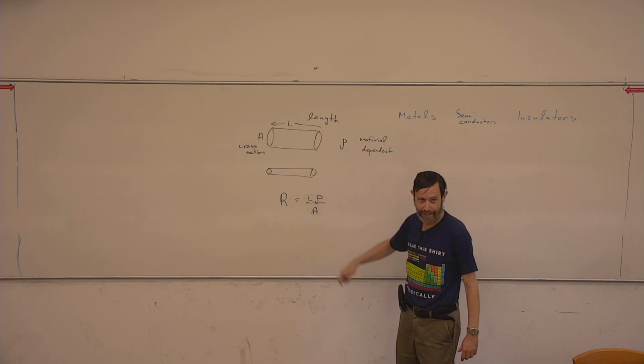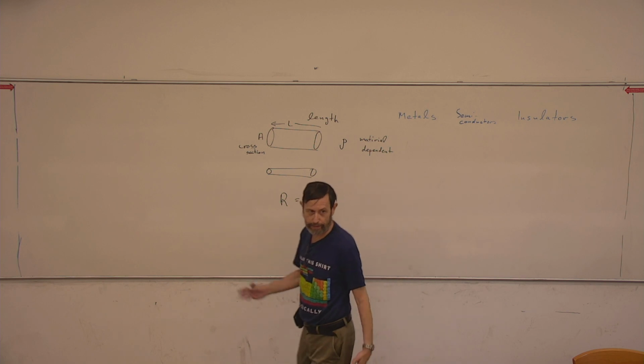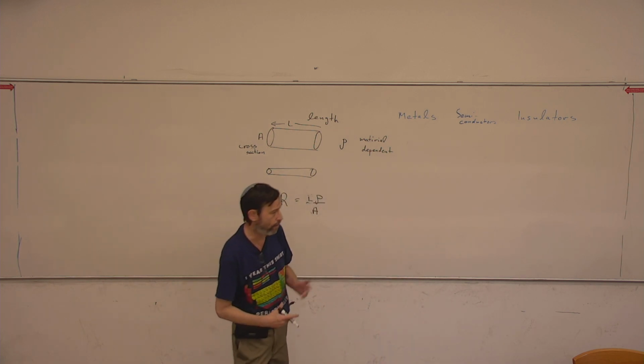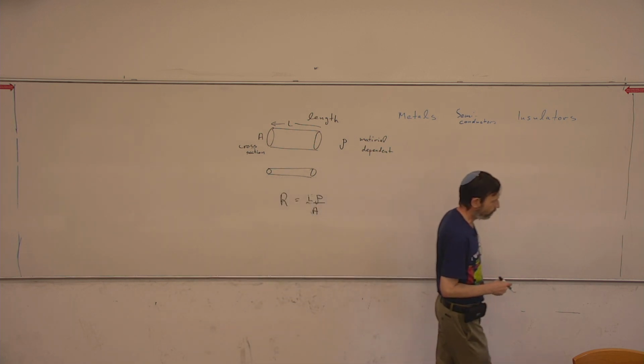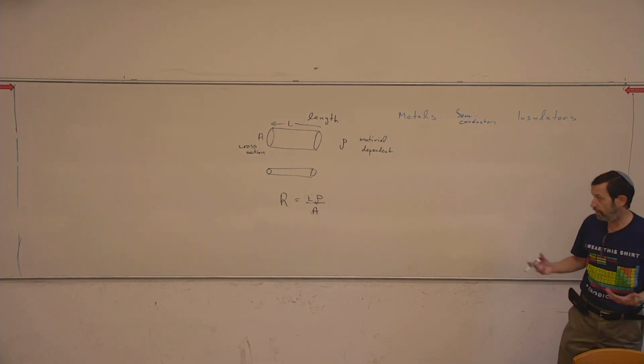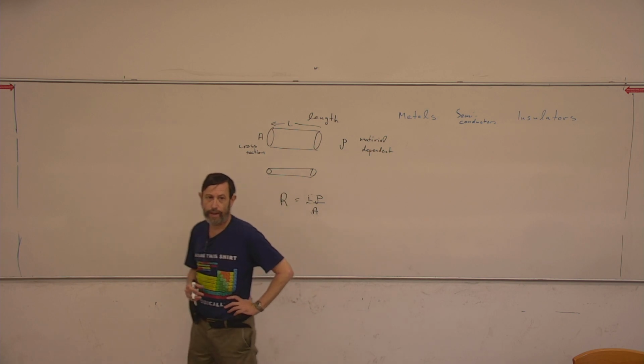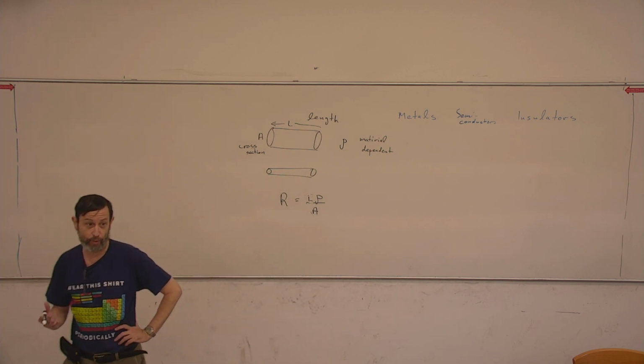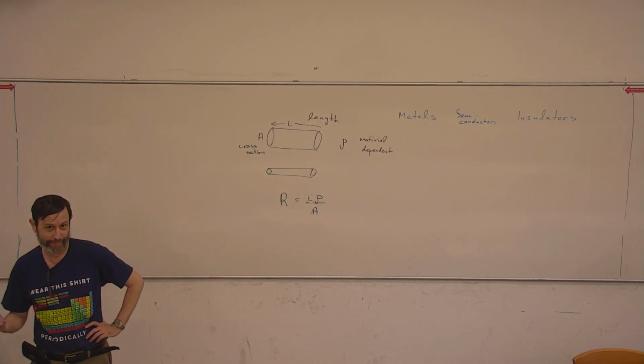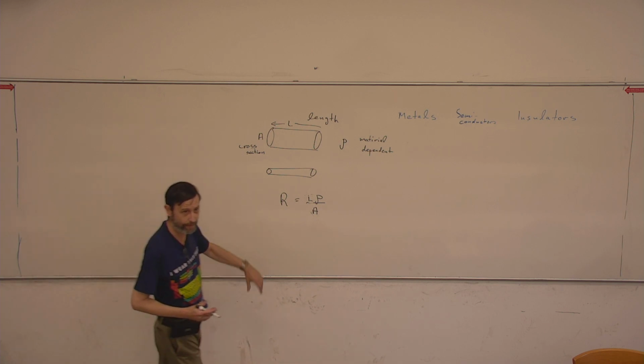Simple. And this is a material-dependent constant. We can call it rho, it's basically the resistivity, of meter upon meter upon meter cube, if I'm using MKS.